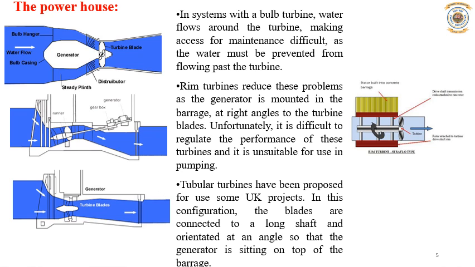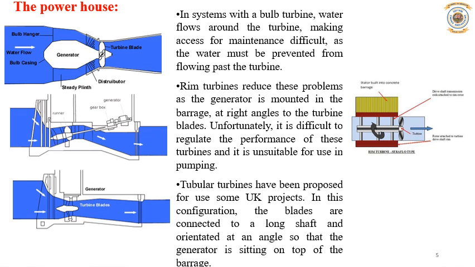One more type of turbine is the tubular turbine, which has been proposed for use in some UK projects. In this configuration, the blades are connected to a long shaft and oriented at an angle so that the generator is sitting on top of the barrage.